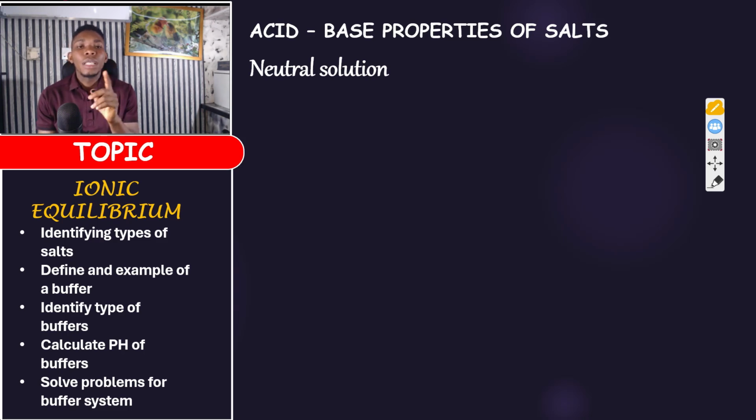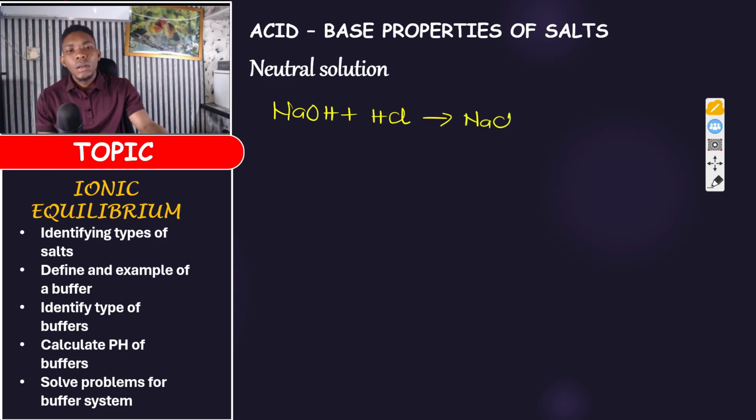What I mean by that statement is, whenever you have a strong base, example sodium hydroxide, plus a strong acid, HCl, this will give us sodium chloride plus water, H2O.